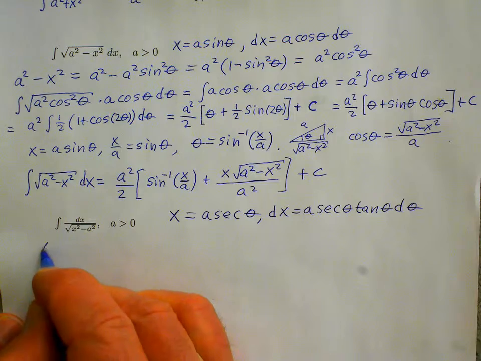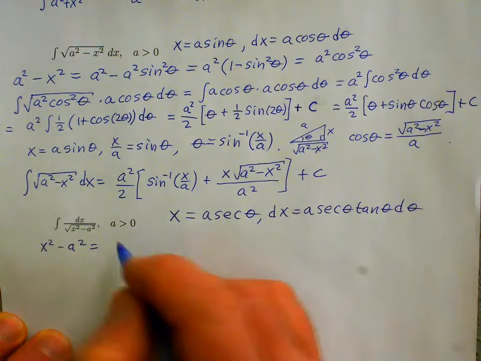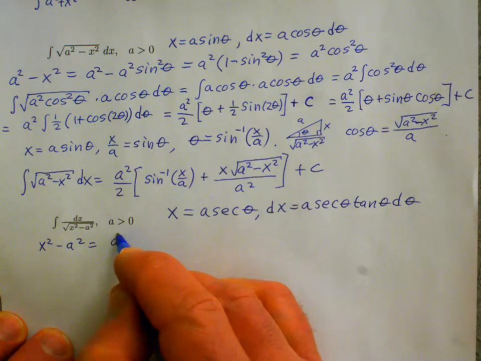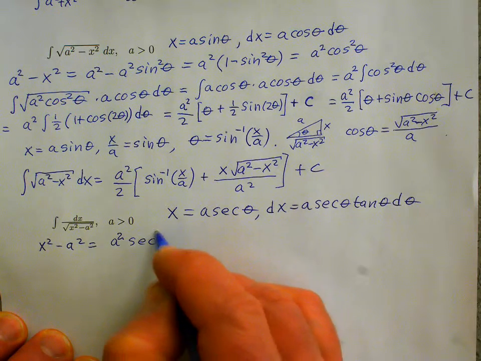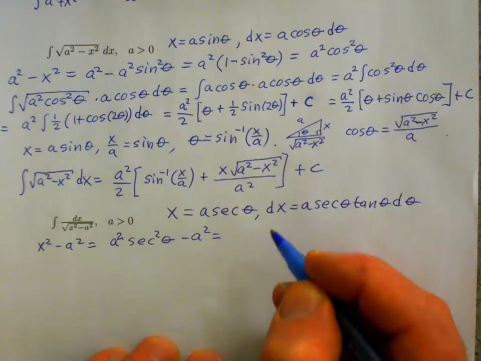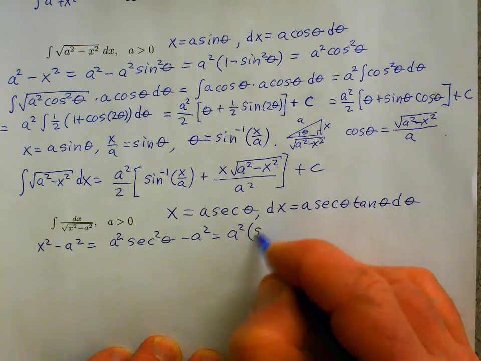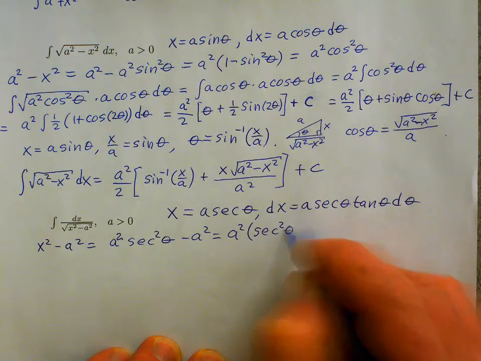And then x squared minus a squared becomes a squared times secant of theta squared minus a squared. Factor a squared out of both terms, a squared times secant of theta squared minus 1.